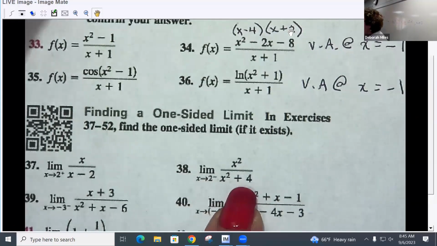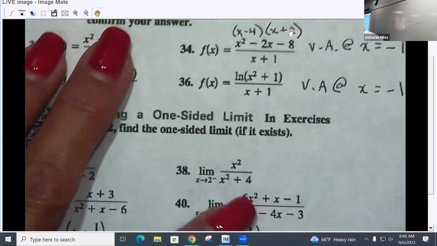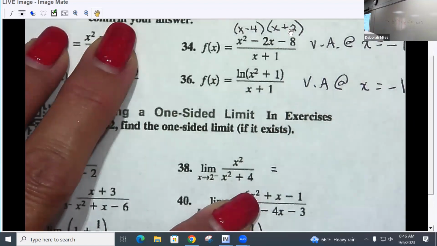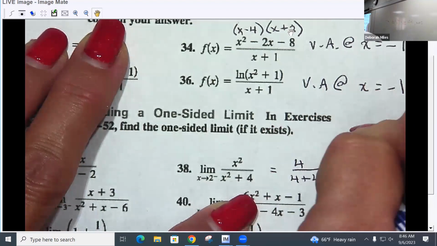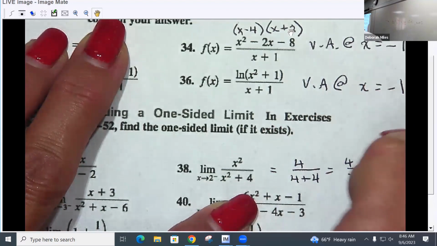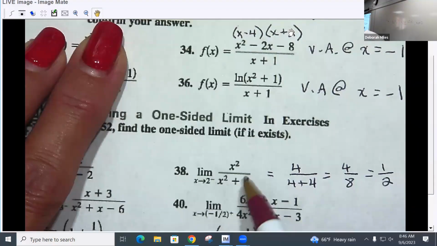You try direct substitution, because if you can find the two-sided limit by direct substitution, then both one-sided limits exist and are whatever you get when you substitute 2 directly into that function. You put in a 2, you get 4 over 4 plus 4, or 4/8, or a half.